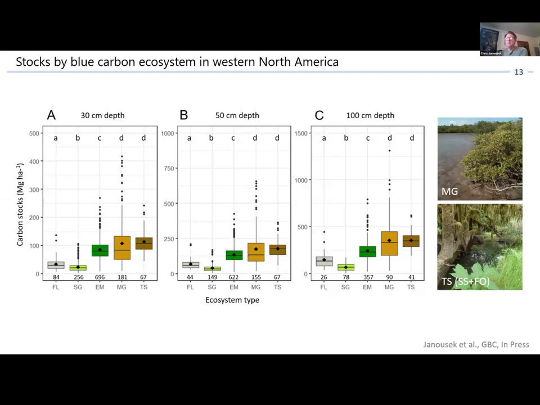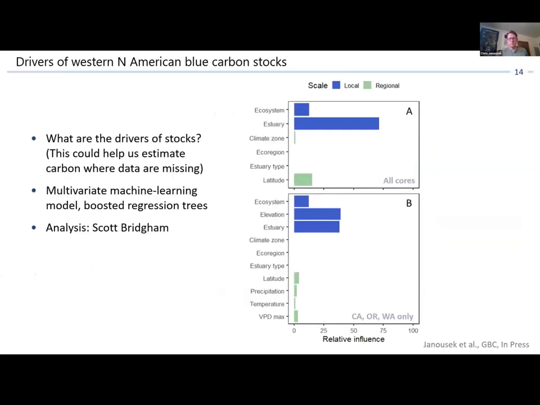So these tide flats, which can be really extensive in some of our estuaries, sometimes comprising 50 or 70% of the tidal wetland area of an estuary, are actually holding a fair amount of carbon as well. They've traditionally not been thought of as blue carbon ecosystems, and we don't know exactly how long they do store carbon. That's an unknown, but we know that there's a fair amount of carbon in the tide flats.